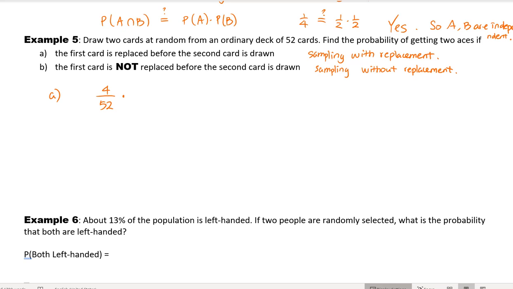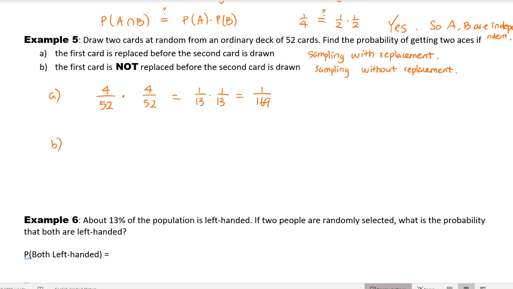And then the second round, we also have 4 aces because the ace that you drew, you replace it back, you put it back. So that's why now for the second round, there are also 4 aces out of 52 cards. This is 1 over 13 times 1 over 13, so 1 over 169 is the probability.